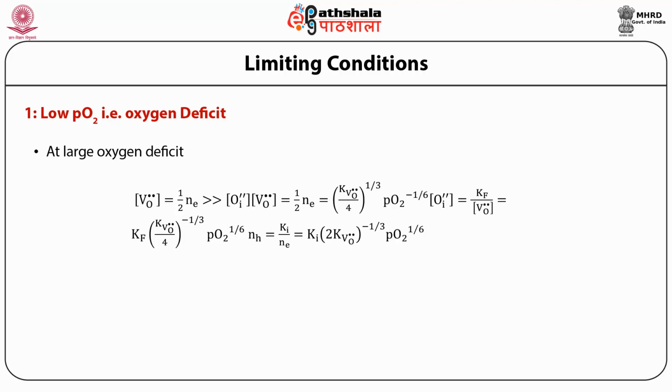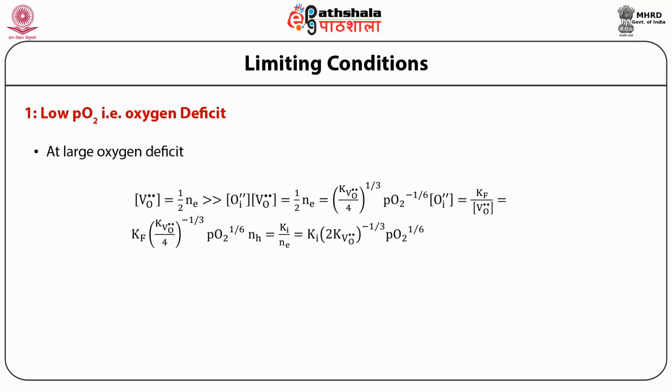Substituting the value of Kf, we get the concentration of OI double prime, which is Kf upon the VO double dot concentration, which is equal to Kf times KVO double dot by 4 to power minus 1 by 3 times PO2 to power 1 by 6.